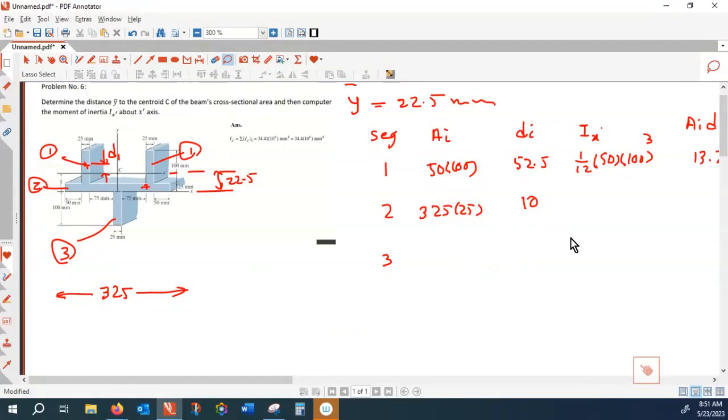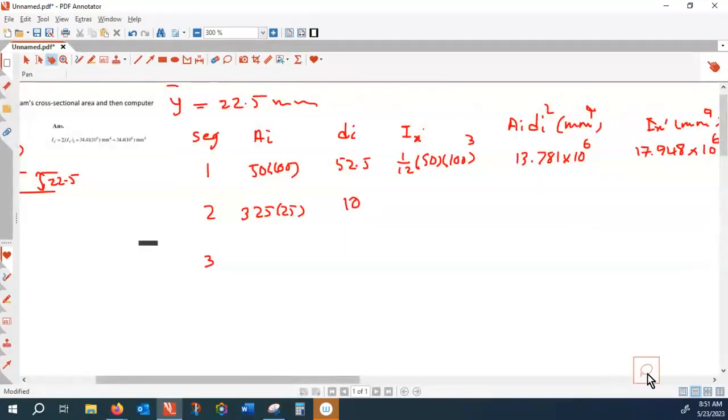And then with the I from the table, that is 1/12, B is 325 and H is 25. And let's multiply the area by the square of d.